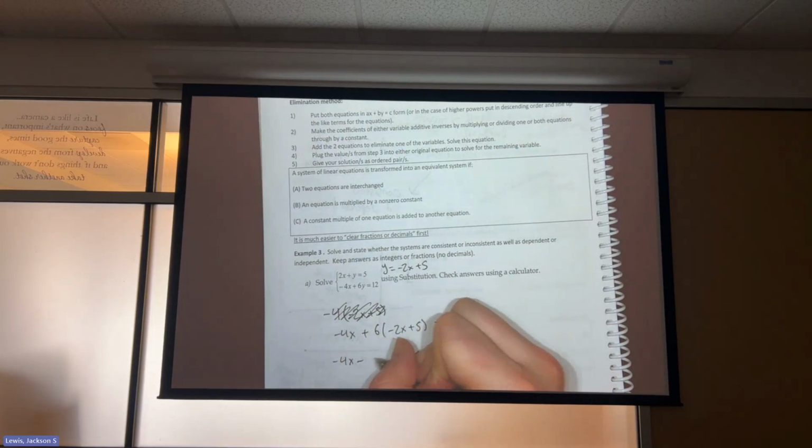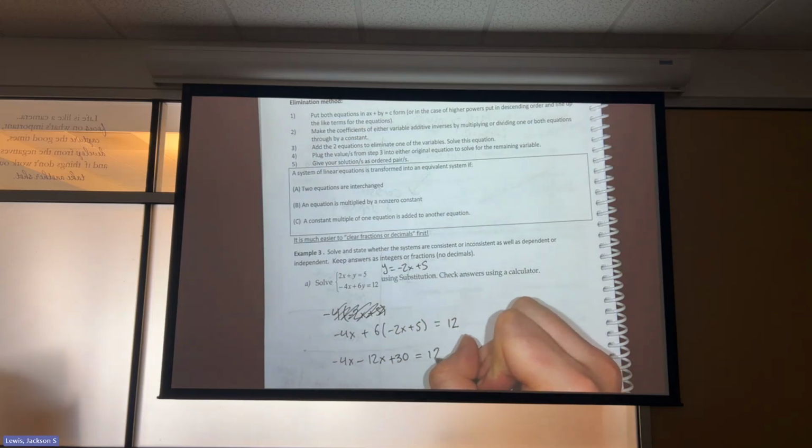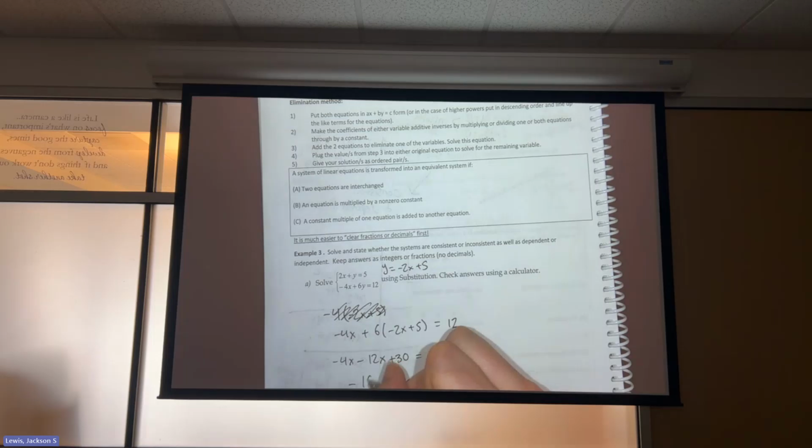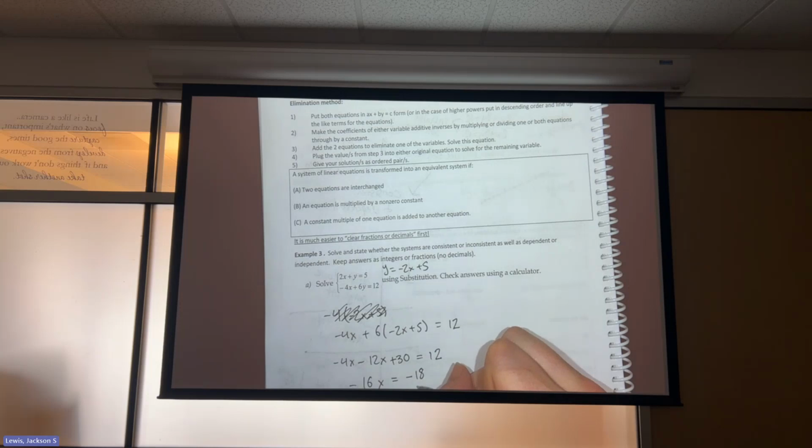Negative 4x minus 12x plus 30 equals 12. Negative 16x equals negative 18, and x equals, divide over by 2, I get 9 over 8.